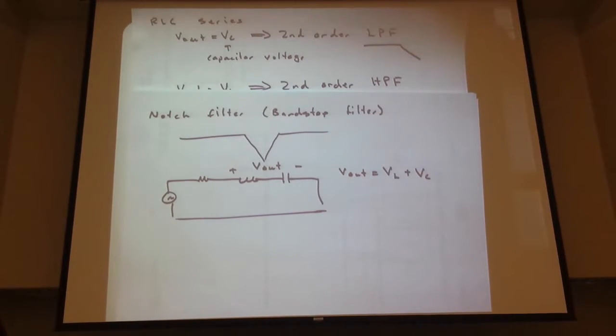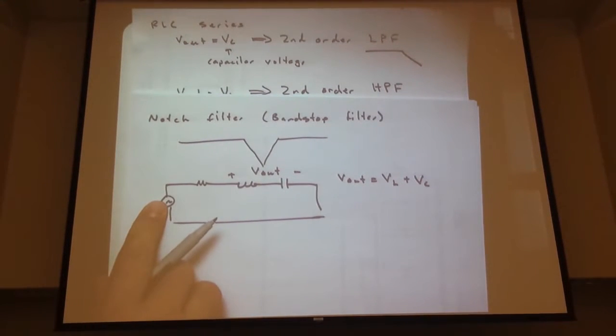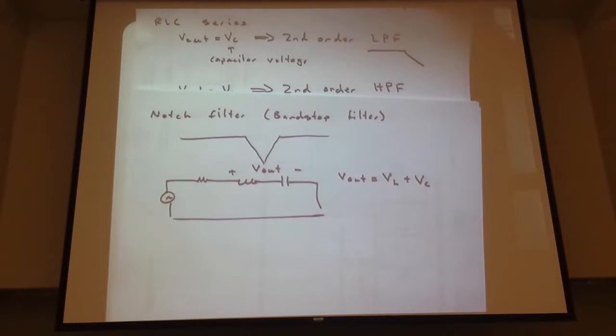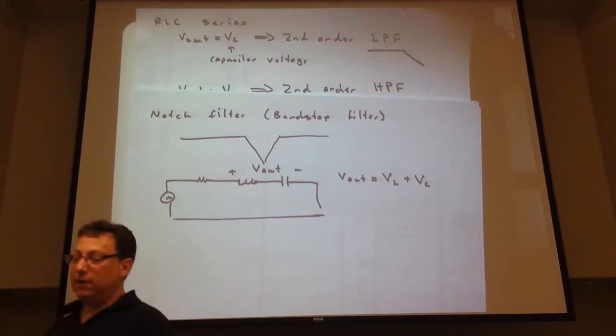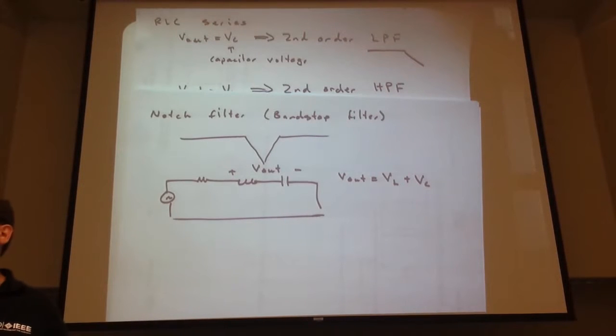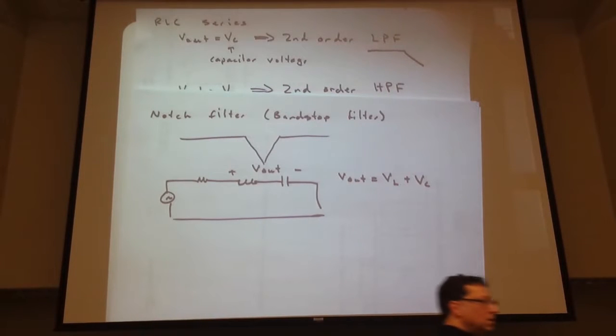Well, the inductor becomes a short and the capacitor becomes an open, and so the voltage across the capacitor as frequency goes to 0 becomes what? The source voltage, right? On the other hand, if we let frequency go to infinity, then the inductor becomes an open circuit and the capacitor becomes a short circuit, and the voltage across the inductor becomes the source voltage. So on either limit, the output is equal to the source.